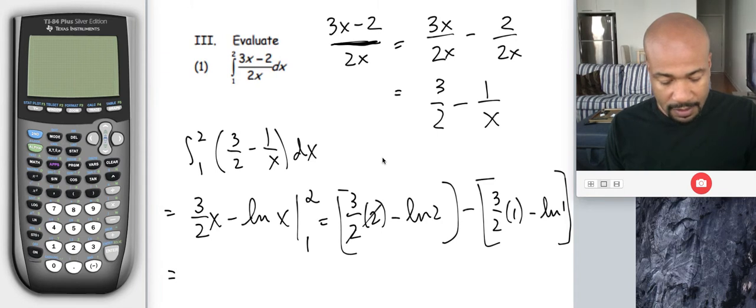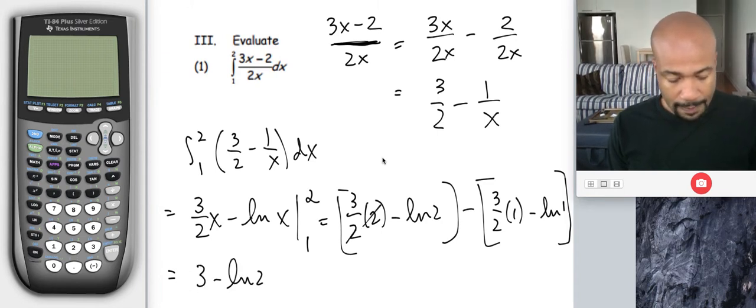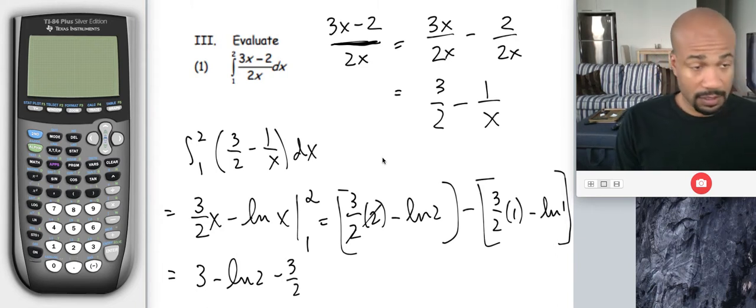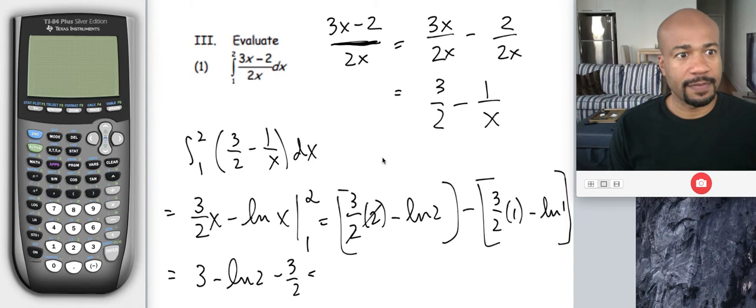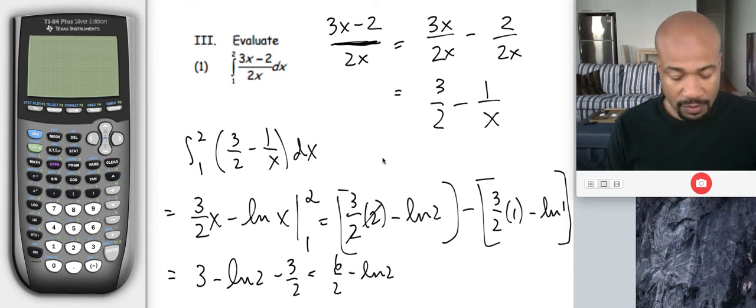That gives me 3 minus the natural log of 2 minus 3 halves. The natural log of 1 is 0, so that doesn't matter. 3 is the same thing as 6 halves. So 6 halves minus the natural log of 2 minus 3 halves. My answer is 3 halves minus the natural log of 2.